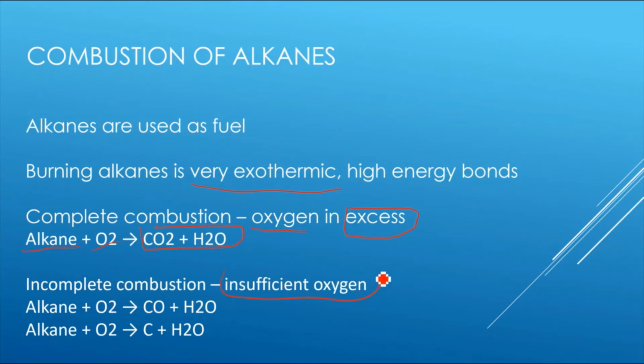This is where there is insufficient oxygen, so the oxygen is not in excess, it's limited. The alkane would react with oxygen, and this time it would form carbon monoxide plus H2O. Obviously carbon dioxide would require more oxygen, but carbon monoxide requires less oxygen. That's why this means there's insufficient oxygen.